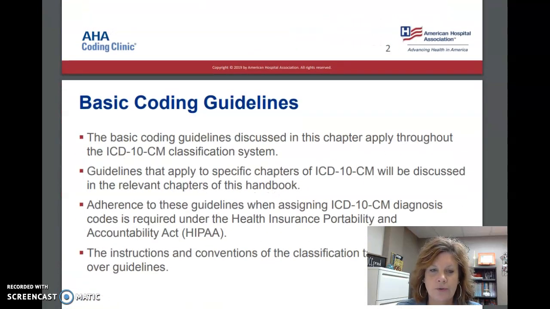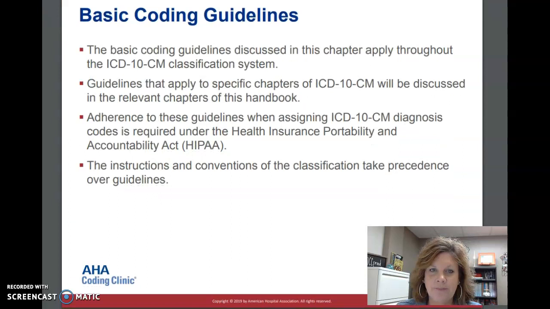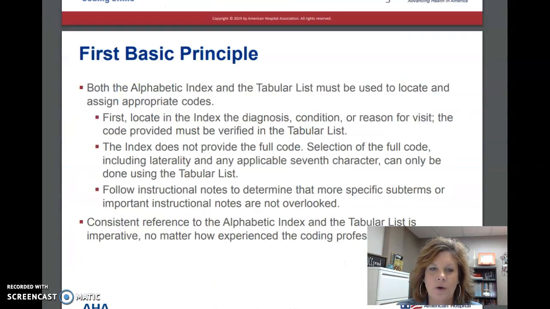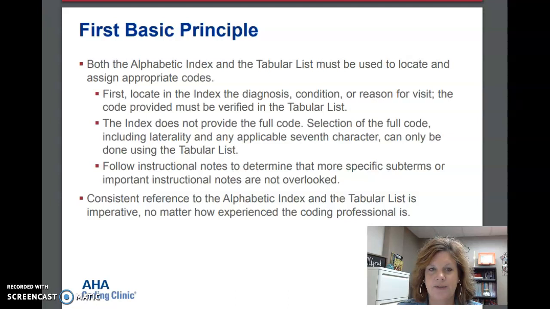Okay, so let's just go through the guidelines here. What we have today is going to be throughout the whole ICD-10 CM classification. Let's start with the basic principle. I cannot emphasize enough how both the tabular and the alpha must be used.